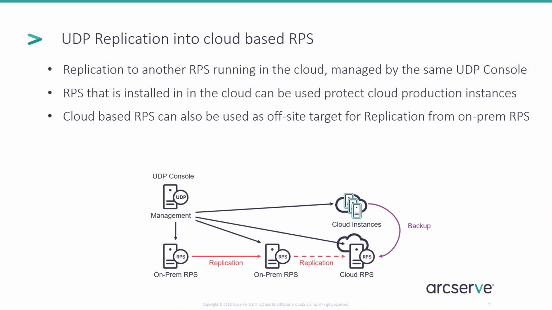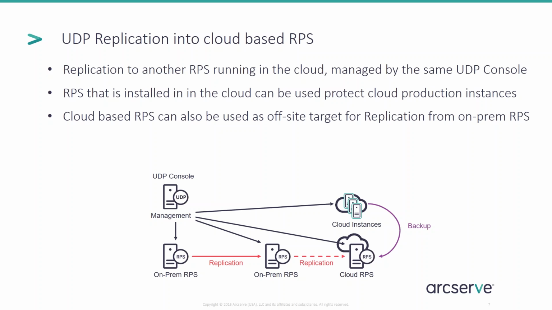presentation and we'll take a look at how we can use replication and use a cloud-based recovery point server to protect cloud-based workloads, as well as using a cloud-based RPS as an off-site location to house our backups.